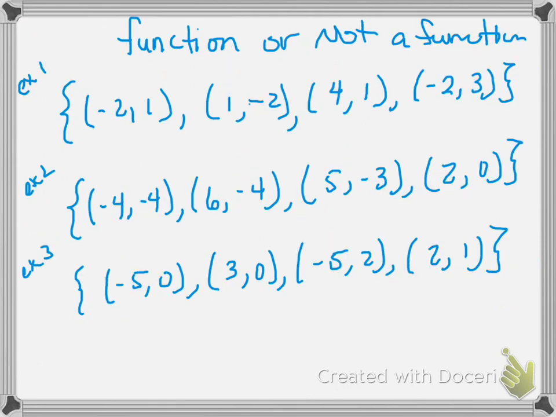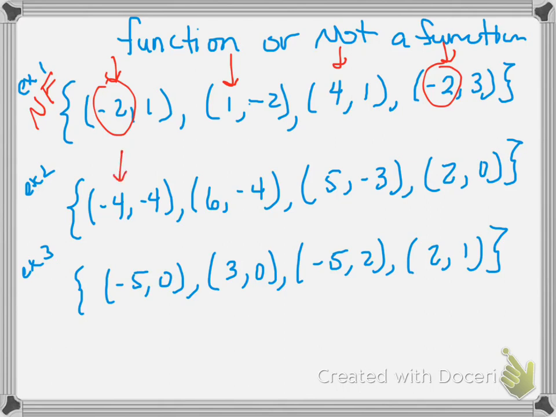Alright, let's see if you can try this one. Example 1, is this a function or not a function? Well, if you look at each of the first numbers in each of the parentheses, you're looking to see if any of them repeat. There's a -2 and there's a -2, so this is not a function. Alright, what about example 2?